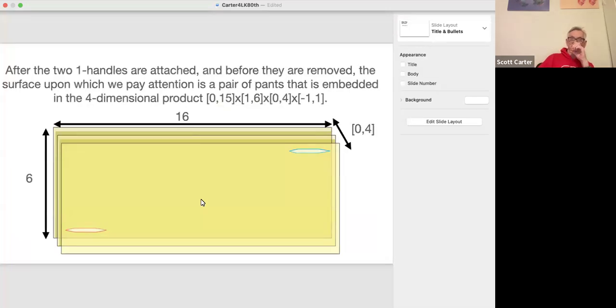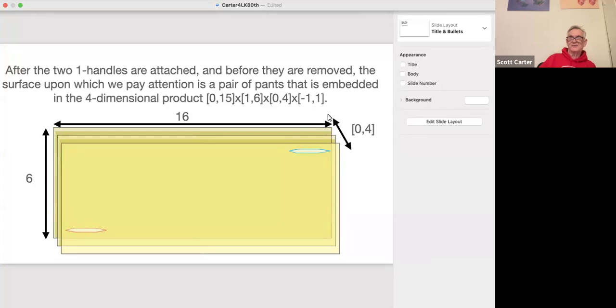Okay, so after the 2 one handles are attached and before they're removed, the surface that we're going to pay attention to is a pair of pants. And the pair of pants is actually embedded explicitly into a 4-dimensional product of this size here. It's going to usually take me about 15 stages to describe the movie.